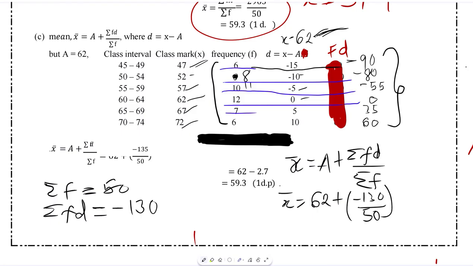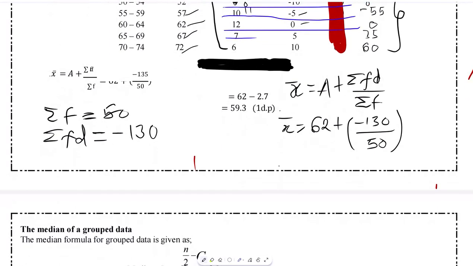Are you seeing that now? Minus 130 over 50.